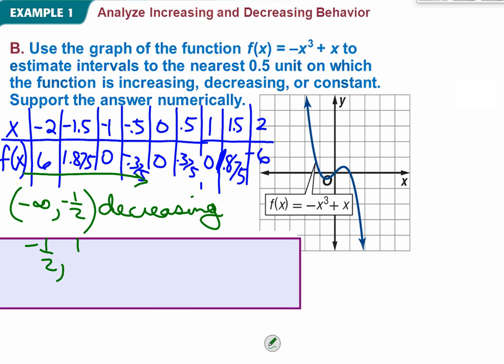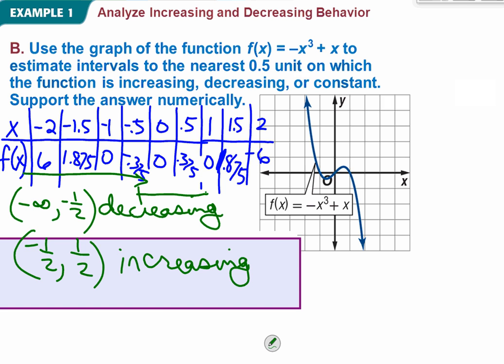To 1/2. What's happening? It's increasing. And then what's the next interval? Well, if we stopped at 1/2, then we start at 1/2 to where? To positive infinity. And what's happening? It's decreasing. So there's our next interval, decreasing.